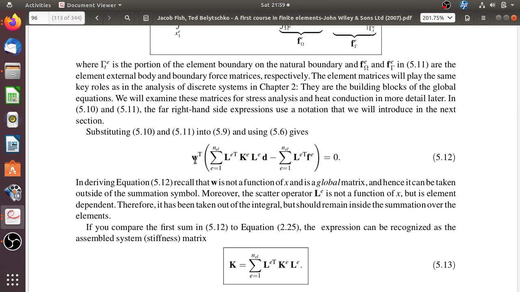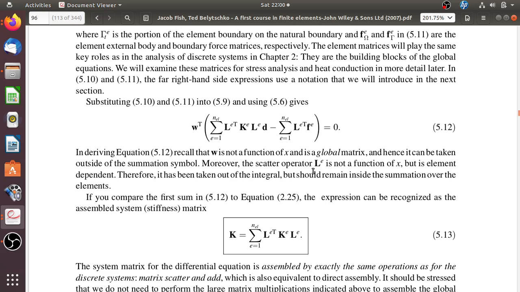If that has to be satisfied, the only possible way is making whatever is inside this bracket go to 0. So from that, what we will get is this minus this is equal to 0.